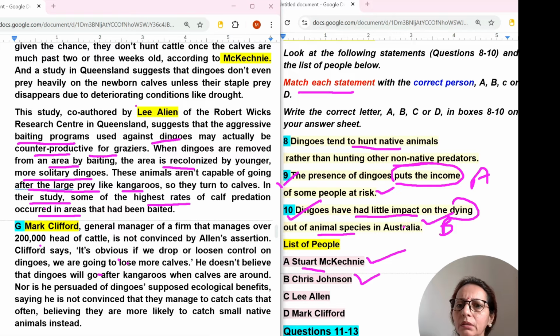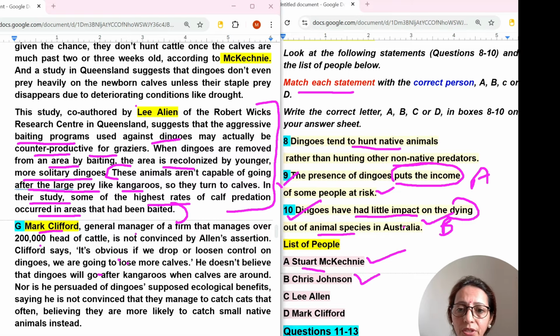Next we can also read, because I am trying to match it, but I am not finding it properly. Native tend to hunt, so of course this is matching with this one, but still we can read D.